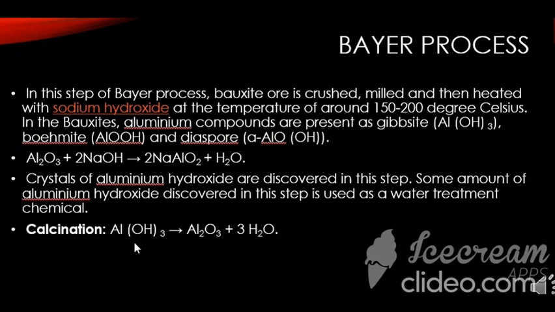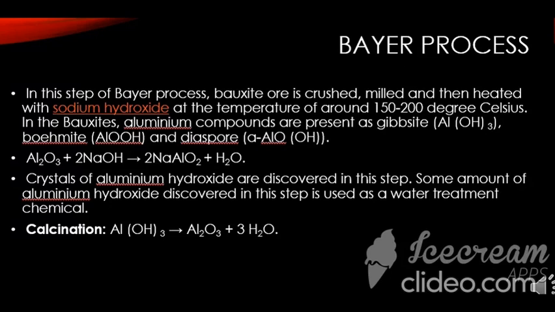Calcination means heating. When the aluminium hydroxide is heated, alumina is formed and water is evaporated. So, first step, concentration. Second step, getting the alumina from the bauxite ore. By applying the Bayer's process, we have got this Al2O3, alumina. This is the second step you have done.